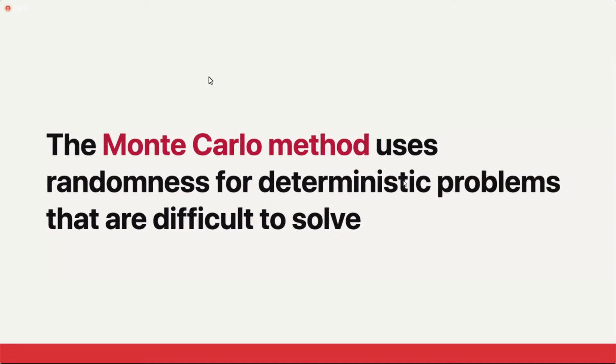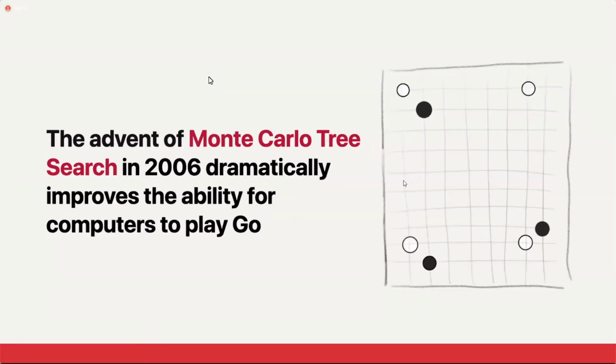One particular example of that category of algorithms is the Monte Carlo tree search. Monte Carlo tree search is one specific algorithm that uses the general principle of Monte Carlo methods, and it was proposed in 2006. Before 2006, the ability for computers to play Go was way lower than human beings, way worse.